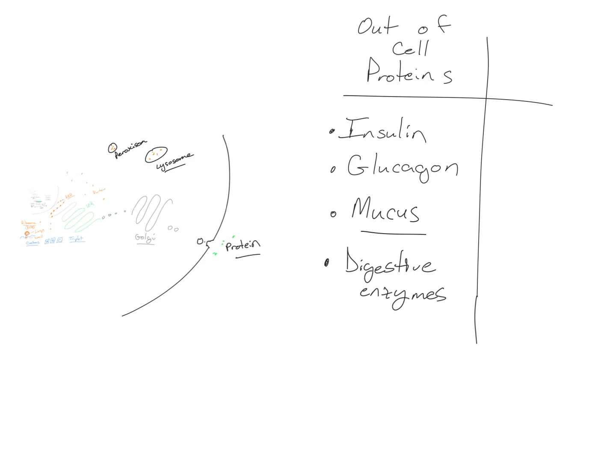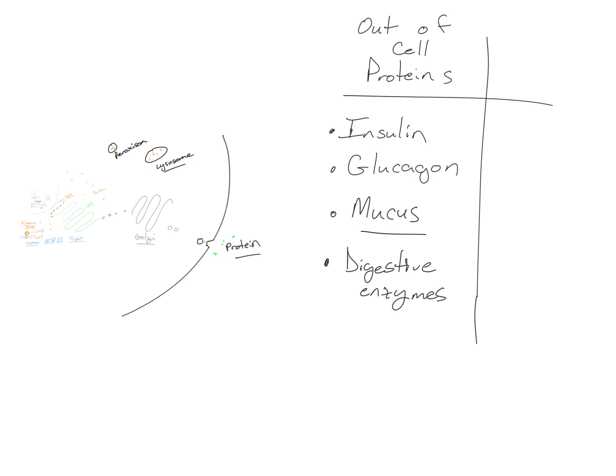Amylase in your saliva. Saliva itself has mucus in it and proteins in it that your cells release. Amylase is one of those enzymes to help digest sugars, help break down sugars. You have enzymes throughout your digestive system that release enzymes from inside the cell into your digestive system.